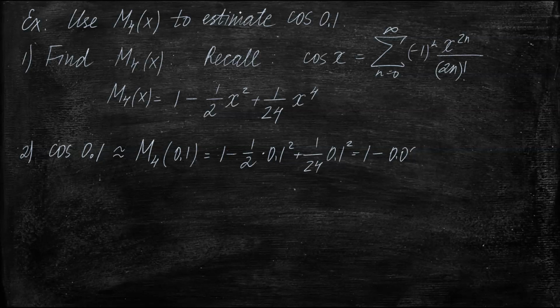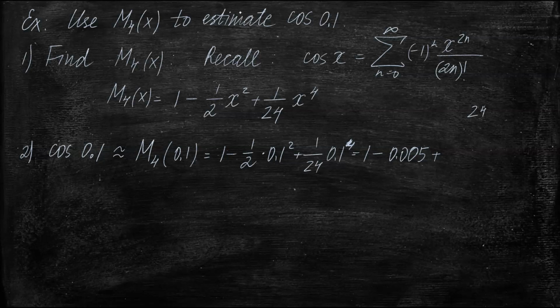So it's not 0.02, it's 0.01 divided by 2, so it's 0.005. Plus, here we have 0.1 to the power 4, which is this, and we're dividing by 24. So I guess we're looking for what's 1 over 24 first, right?